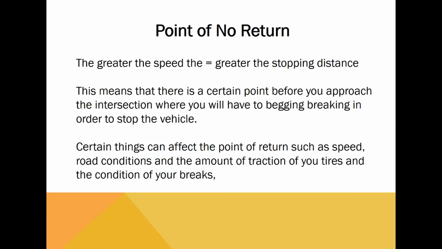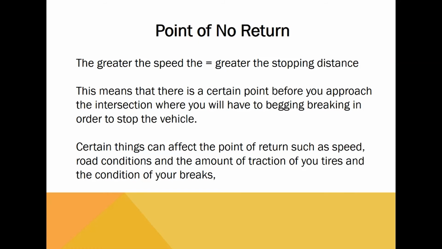And once you get past that point, you haven't left yourself enough time to stop. So once you pass that point, you have to go through that intersection now. At that point, you do not have enough room to safely stop. So the best course of action is to move through that intersection.